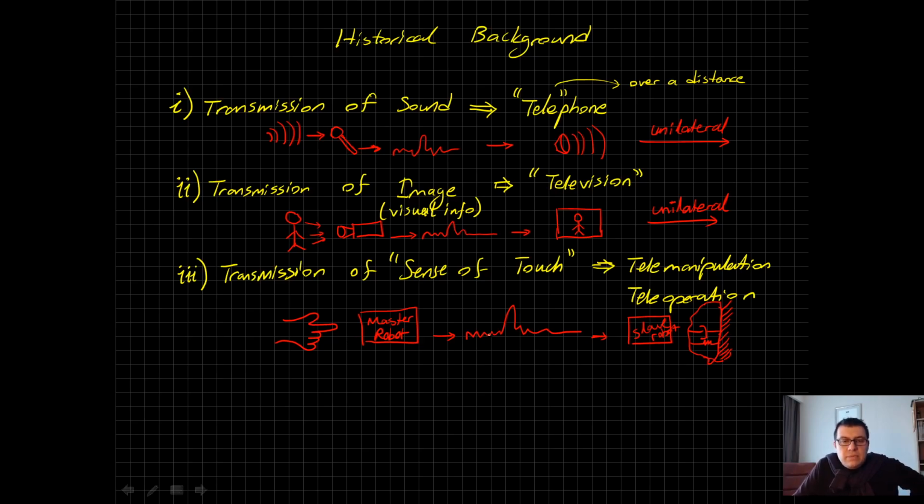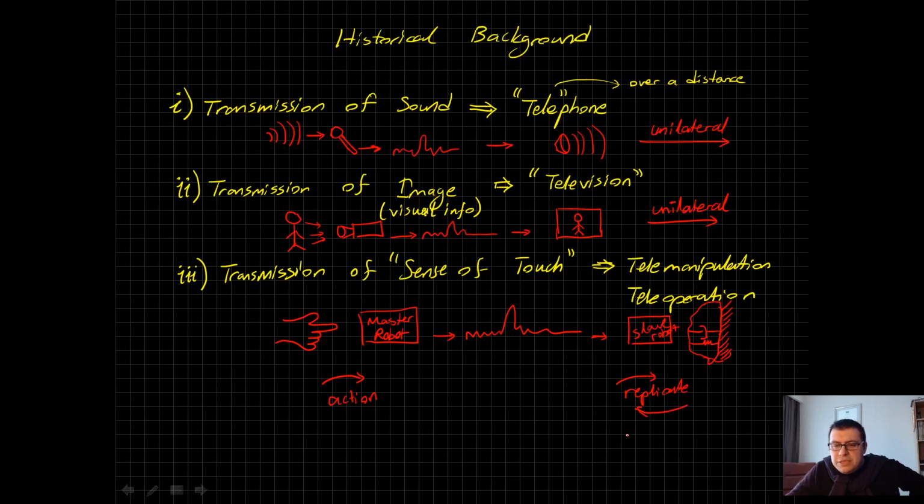In this system, different than the transmission of image and different than the transmission of the sound, in the transmission of the sense of touch, you first have to give certain action here, right? And this action is replicated on the slave side.